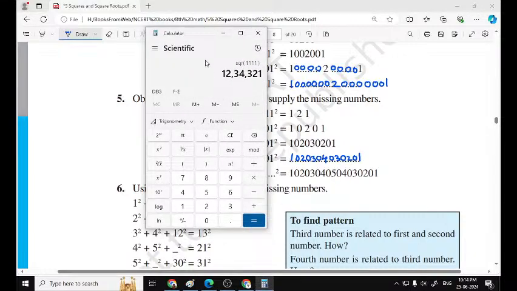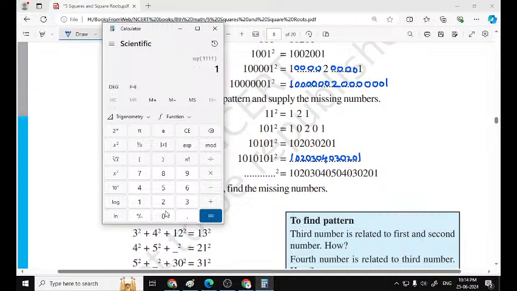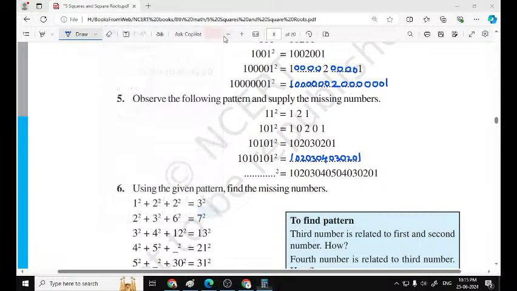Let us check this. 1 0 1 0 1 square, 1 0 2 0 3 0 4 0 3 0 2 0 1.